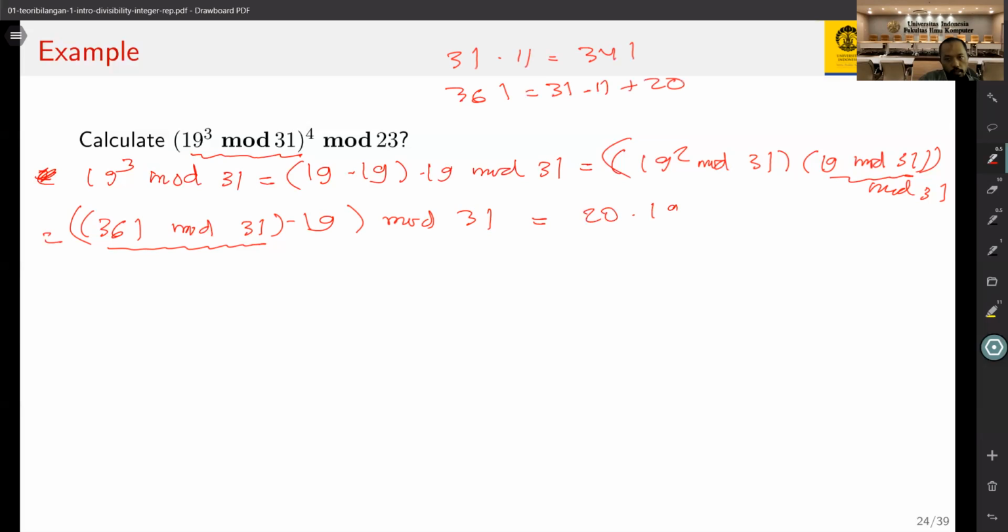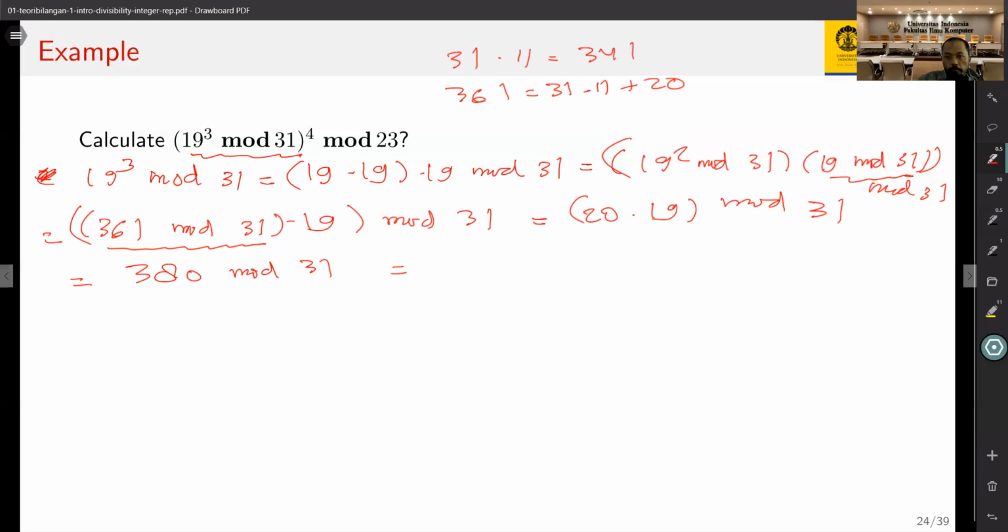So 20 times 19 mod 31 gives us 380 mod 31. 31 times 12 is 372.